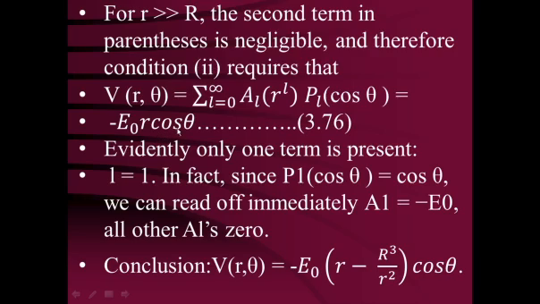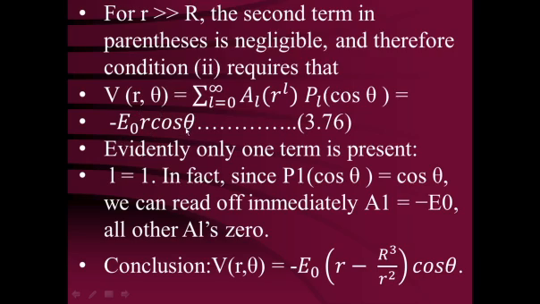That means only one Legendre polynomial is going to exist, and that is P1 cos theta. So on the left hand side only L is equal to 1 term is going to exist, no other terms, all other Als are going to be cancelled out. That means only one term survives, and that is A1 r to the 1 P1 cos theta, that is equal to minus E0 r P1 cos theta.